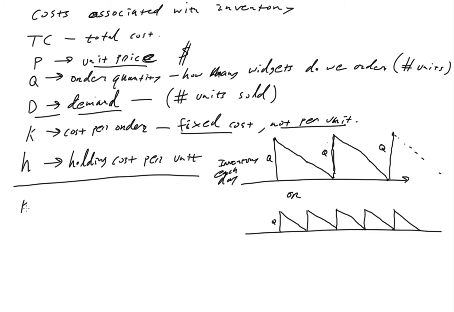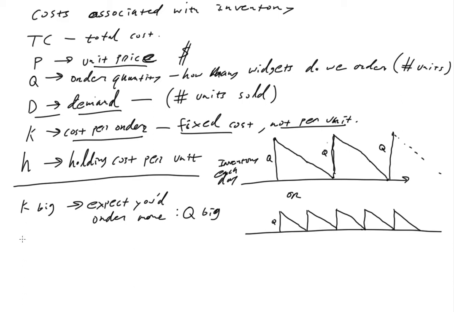So if K is big, so the cost per order is very big, you'd expect you'd order more. So you expect Q to be big.